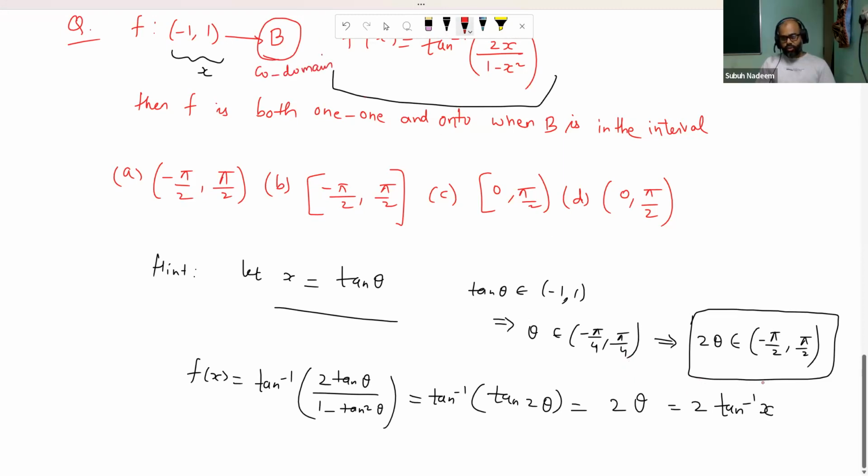So this range should be B. So minus pi by 2 to pi by 2, which is option A, is your answer. Just write it down. And if you have not understood any step, you can ask, I can tell it again.